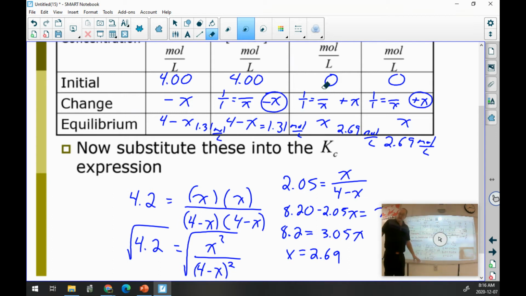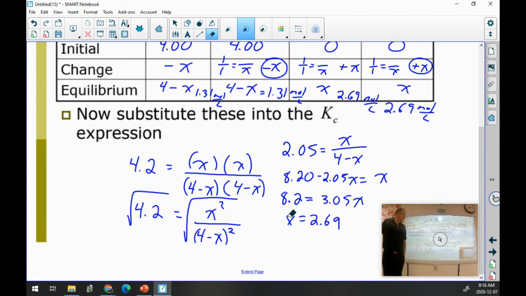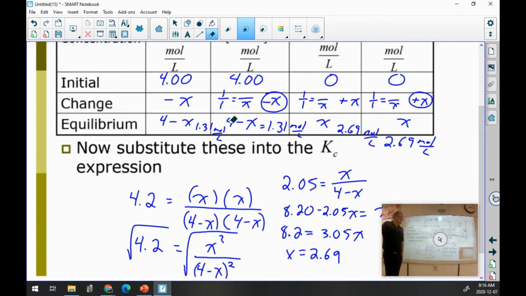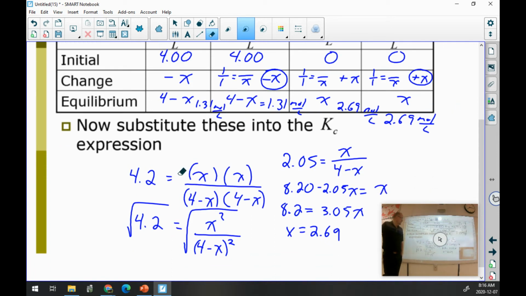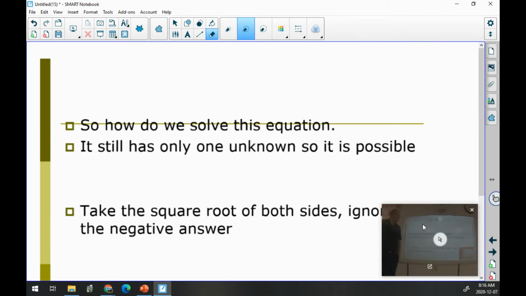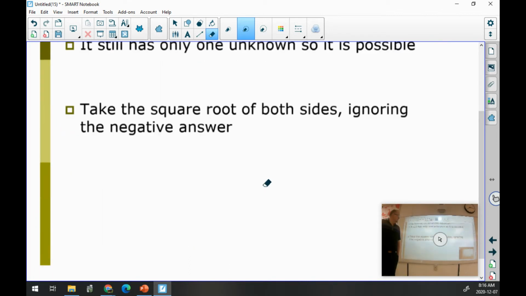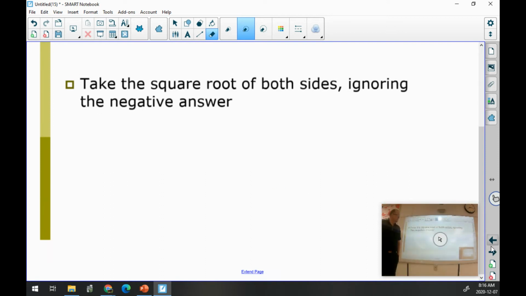So the calculations we did down below allow us to solve for our unknown x, and then we have to interpret what that means within the expression, or within the reaction. So if we were to plug these numbers in, we get our 4.2. Now this worked for this situation because I've done all that, sorry.